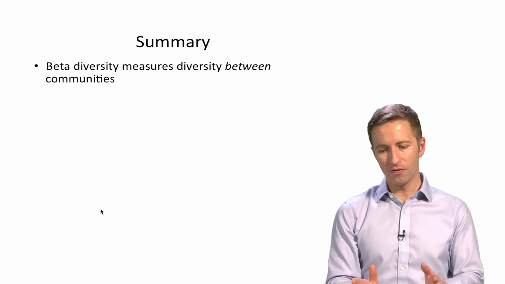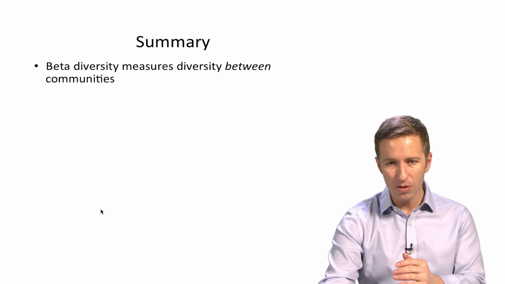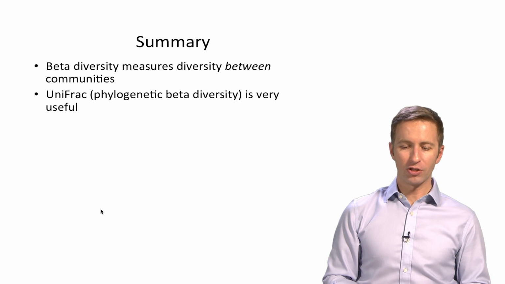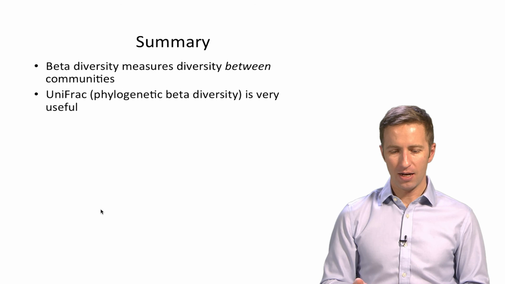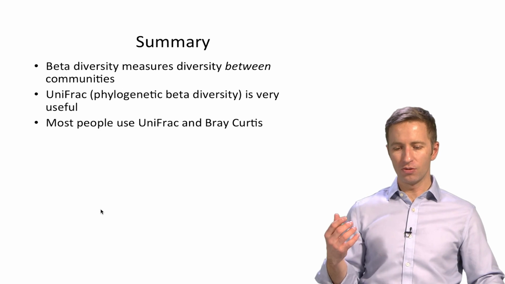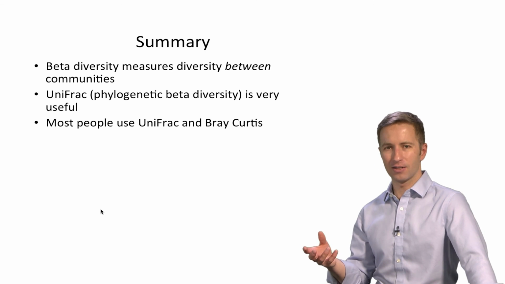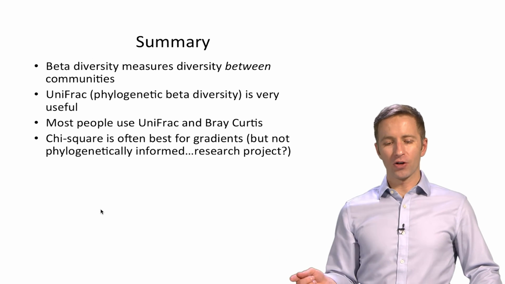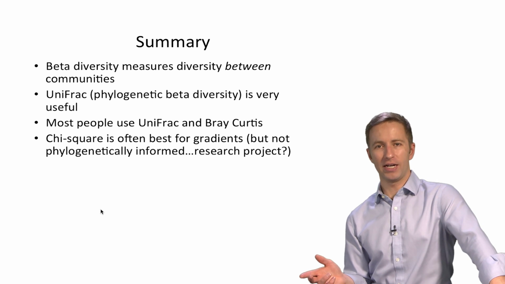So in summary, beta diversity measures diversity between communities, as we've said. UniFrac, which is phylogenetic beta diversity, is a very useful approach, very commonly used. Most people use UniFrac and sometimes will add in Bray-Curtis. However, chi-square is often best for gradients.